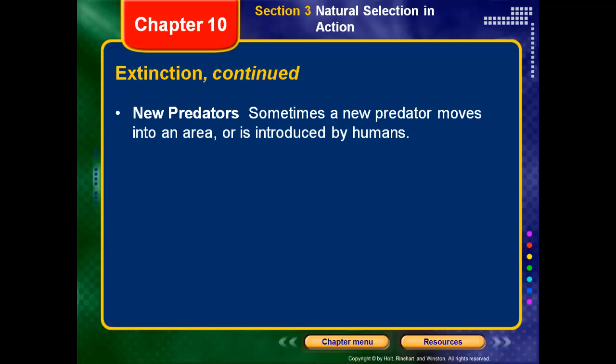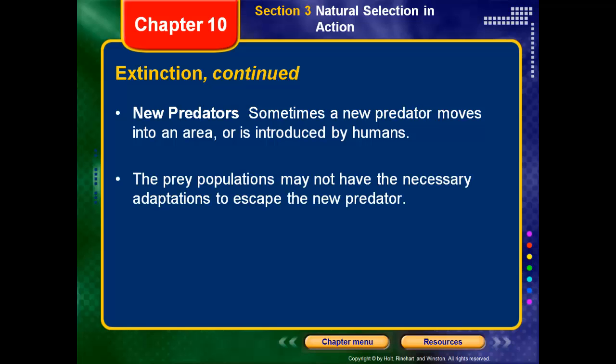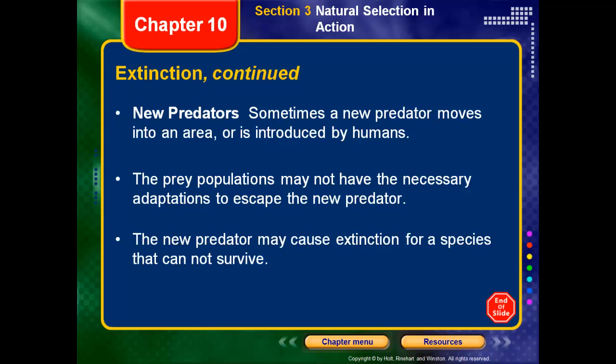An example you can see in your book is people brought foxes to an area where there hadn't been foxes before, and the organisms who already lived there didn't know how to deal with foxes, and so the foxes killed them all and they went extinct. So it is possible that when a new predator comes to a region, the prey populations may not have the necessary adaptations to escape the new predator, and then the new predator may cause extinction for the species that can't survive.